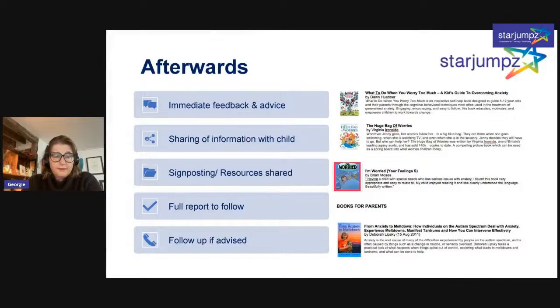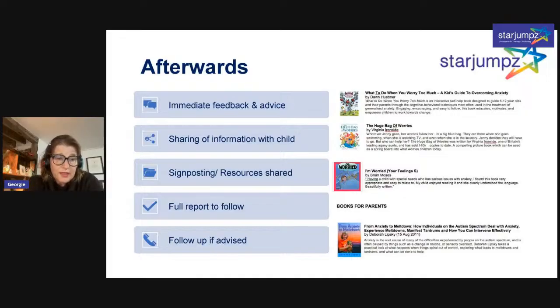So we try to give as much feedback as we can at the time. Obviously there might be reasons why, if the assessment has been particularly complicated or challenging, we may not get as much time to do that, or if the child hasn't coped with the assessment, but we would always offer to do that on the phone afterwards, or to come back.